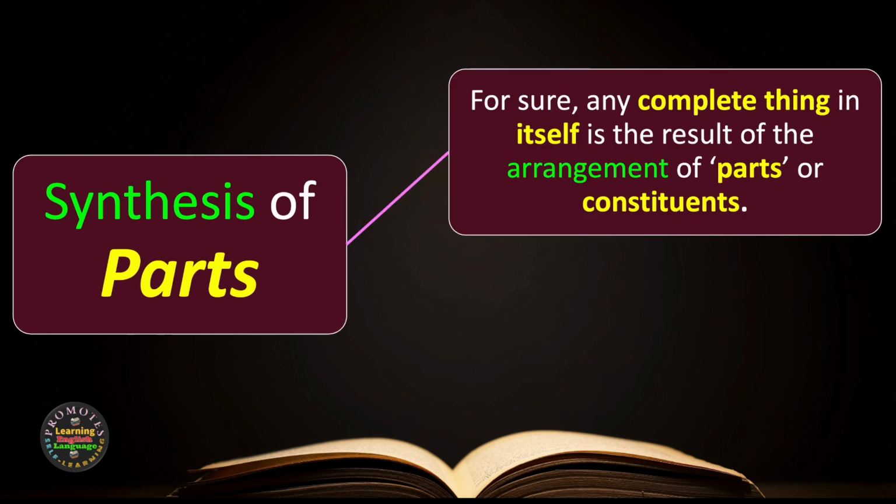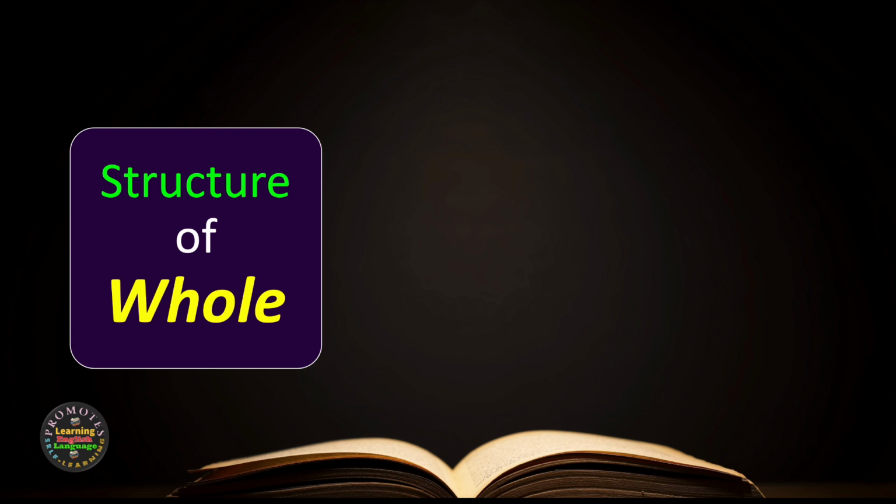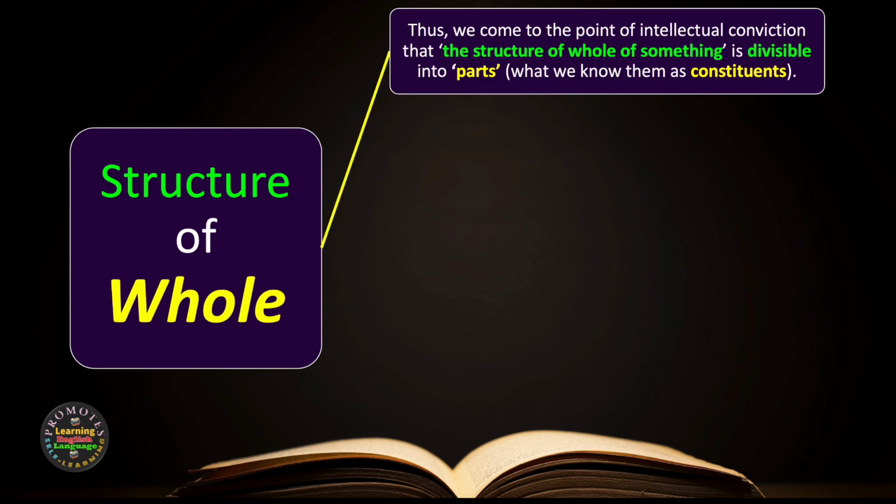For sure, any complete thing in itself is the result of the arrangement of parts or constituents. Without the synthesis of parts or constituents, something is impossible to be completed in its entirety. Now we talk about structure of whole. Thus, we come to the point of intellectual conviction that the structure of whole of something is divisible into parts, what we know as constituents.